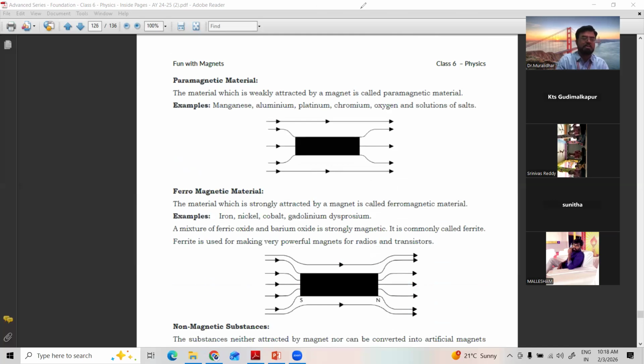They are repelled. Next, paramagnetic substances. The materials which are weakly attracted, weakly means slightly, or you can call it even feebly, by a magnet are called paramagnetic materials. Examples: magnesium, manganese, aluminum, platinum, chromium, oxygen, and solutions of salt.